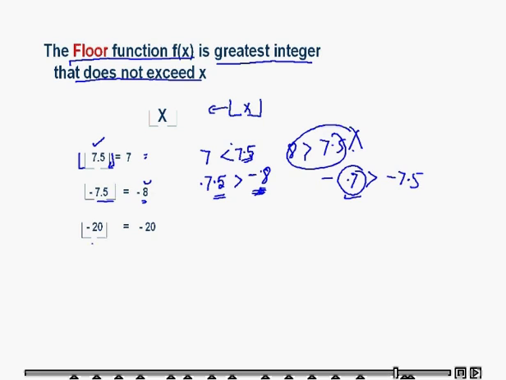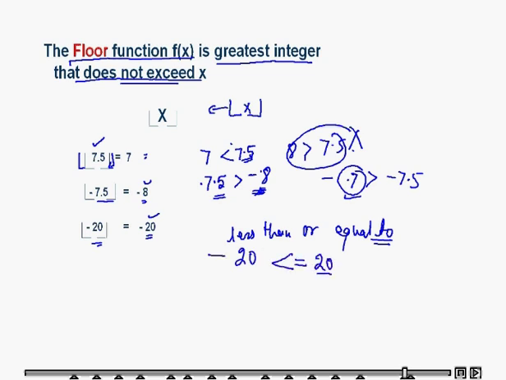The floor of minus 20 is minus 20, because it can be less than or equal to. If I say the words does not exceed, it means less than or equal to. So minus 20 is the greatest integer that is less than or equal to minus 20.